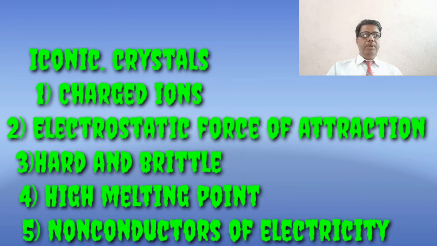If we take the melted form, there is also a flow of electricity. They are good conductors in the melted and dissolved states and non-conductors in their original solid state. So students, these are the properties of ionic crystals.